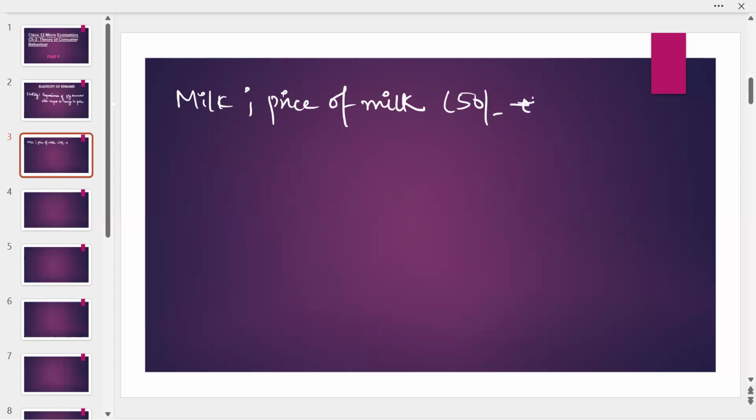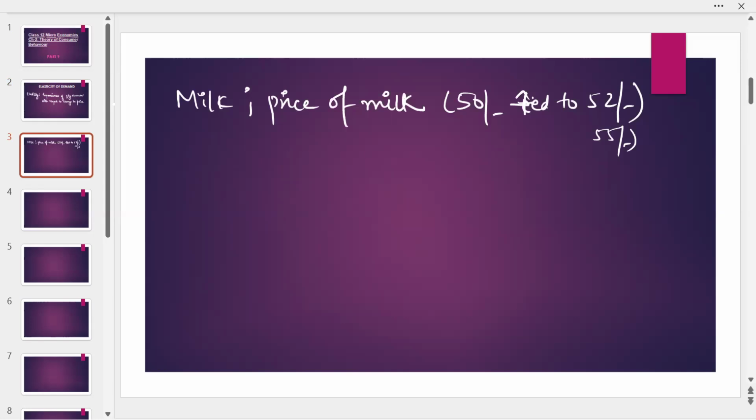Now it has increased to 52 rupees, let's say, or 55 rupees. You might have also seen that in recent times, due to the increasing petrol prices, the prices of many products have risen, especially the dairy products.